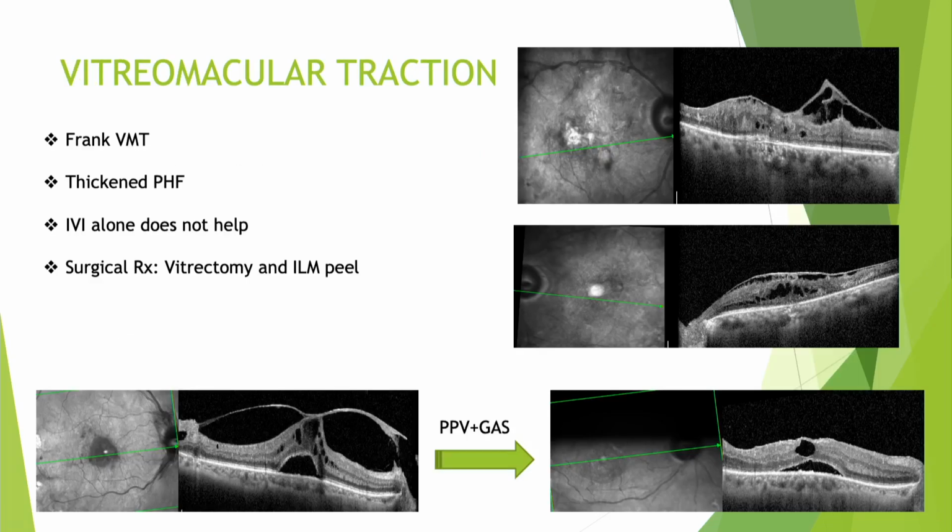A subset of patients may have vitreomacular interface abnormalities, which could be either a frank VMT or a taut posterior hyaloid, and these patients do not do well with medical management alone, and they need surgical intervention in the form of vitrectomy and ILM peel.